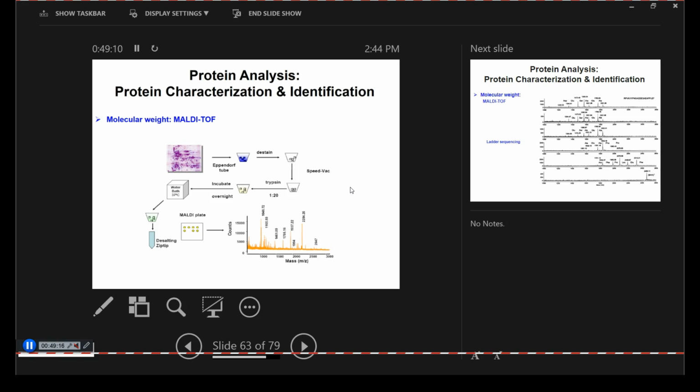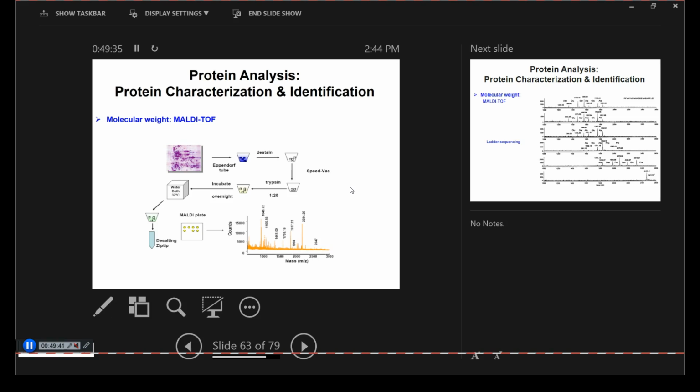We take the spot of interest, we hydrolyze with trypsin. The reason we hydrolyze with trypsin is a lot of the protein database for identification is based on trypsin hydrolysis, so the database of the peptides are based on trypsin hydrolysis.